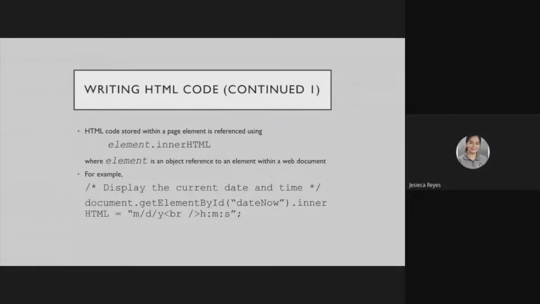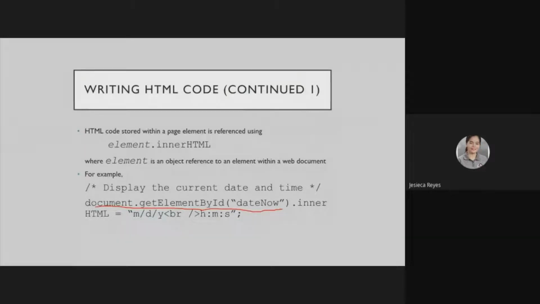So in this example, it displays the current date and time. So we have here document.getElementById that is named dateNow. And the .innerHTML will be used to change an element within the web document.